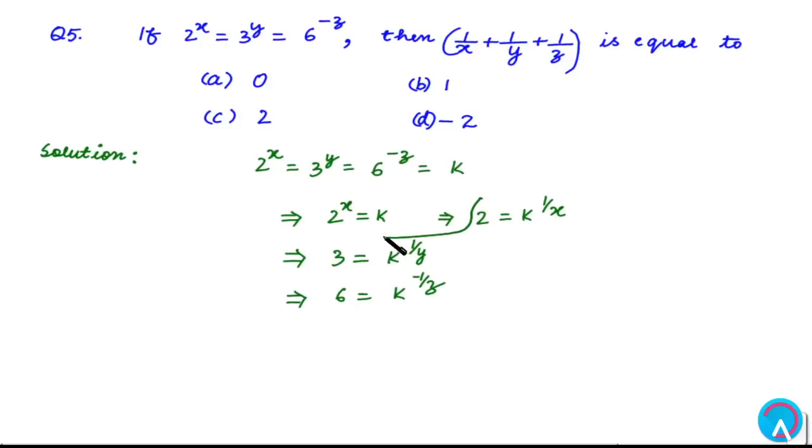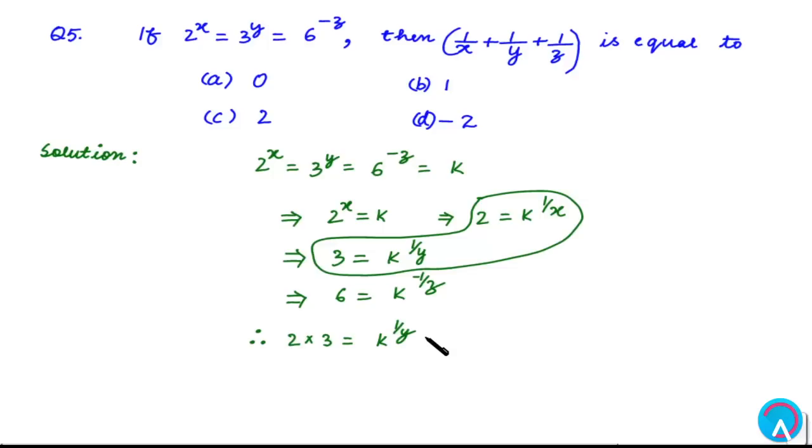If we multiply these two equations, we will get, therefore, 2 multiplied by 3 is equal to k raised to power 1 by y multiplied with k raised to power 1 by x. These two are getting multiplied. So this means that this is equal to k raised to power 1 by x plus 1 by y.